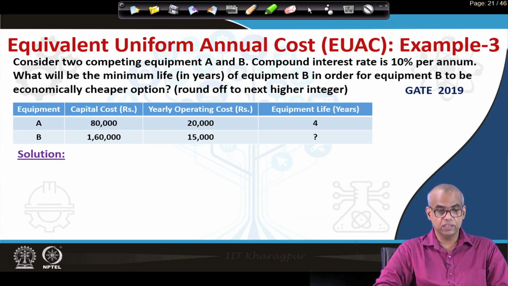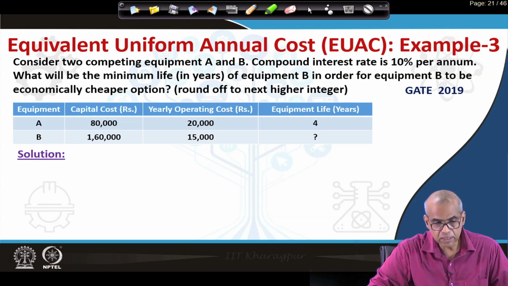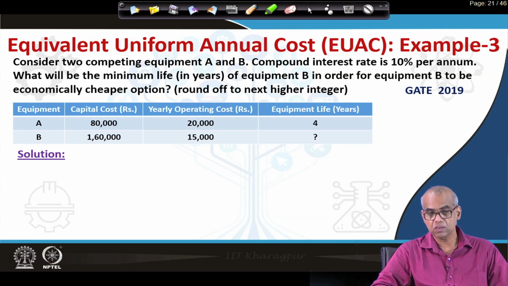Let us take another example. We consider two competing equipment, A and B. Compound interest rate is 10% per annum. What will be the minimum life in years of equipment B in order for equipment B to be the economically cheaper option? So, equipment A and equipment B are given.